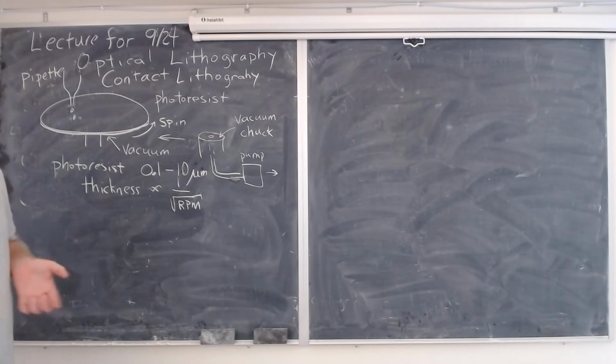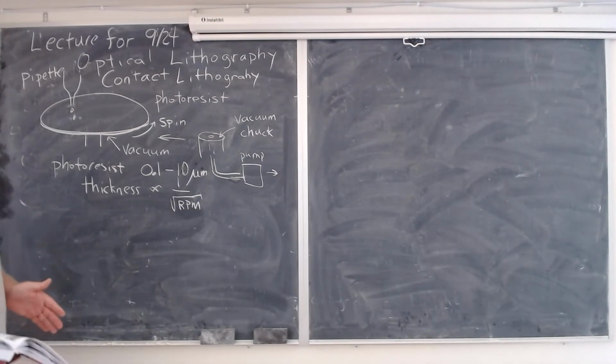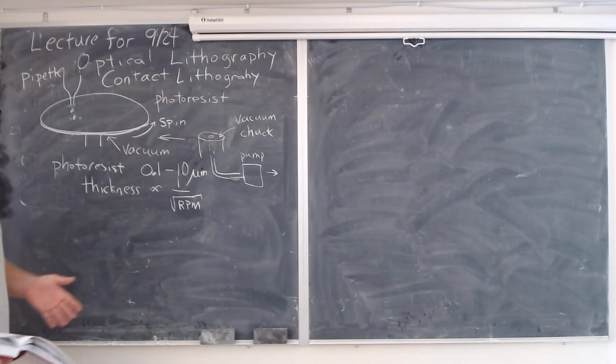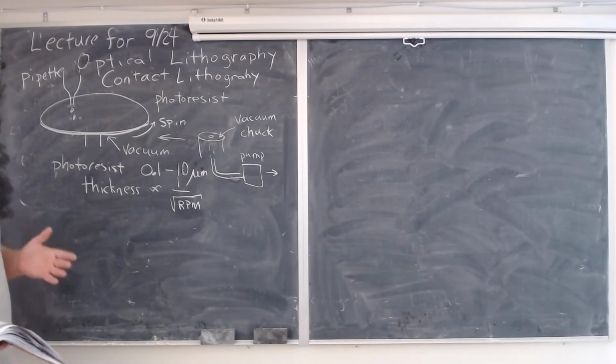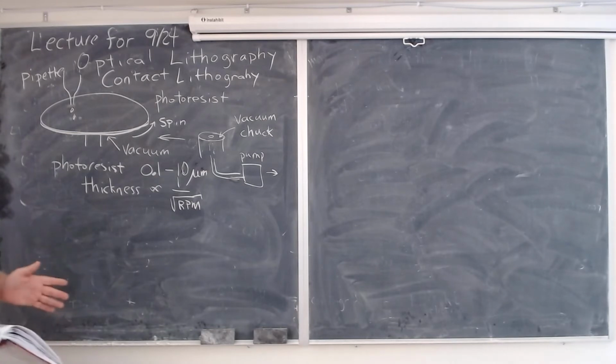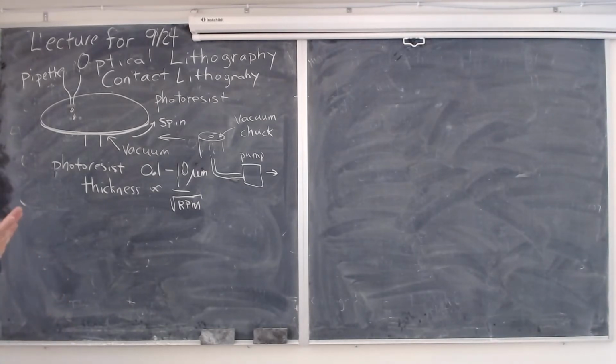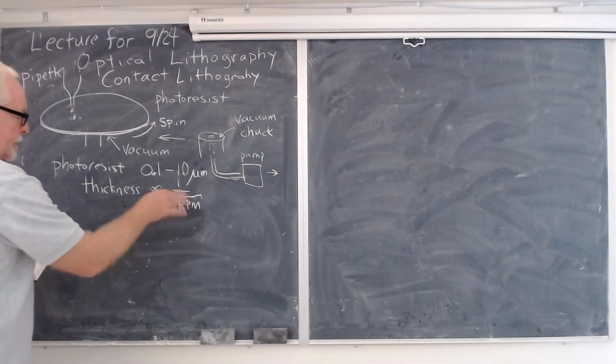You choose different resists for different thicknesses that you might require for whatever step you're doing. We talked about liftoff, and the thickness there needs to be thicker than the metal you're putting down, things like that. We'll get back to that when we do recipes. But basically, for a particular resist, you can adjust the thickness a little bit by choosing different speeds. If you want it a little bit thinner, you spin a little bit faster.